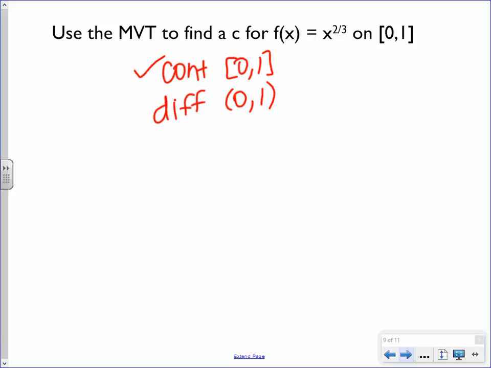At 0. The derivative is undefined at 0. Is 0 in this open interval? It is not. So this is okay. We have to be differentiable on the open interval. It doesn't count the endpoints. So this is okay because 0 is not included.